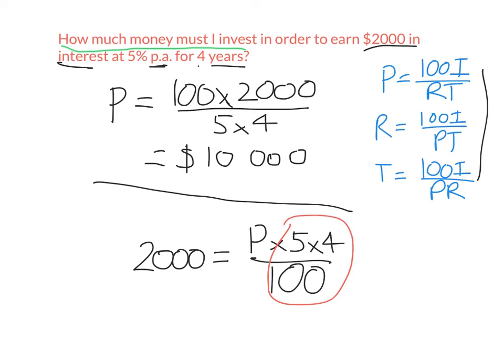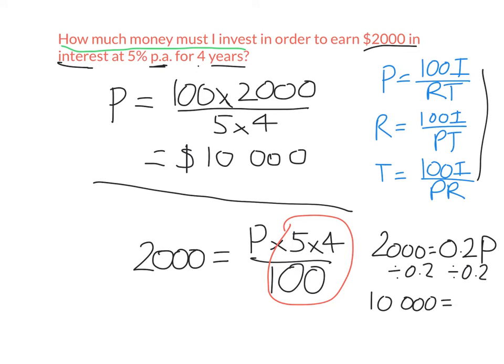I do the numbers separately from the letters. So 5 times 4 divided by 100 is 0.2. So I get 2,000 is equal to 0.2P. And then if I want to get P by itself, I divide each side by 0.2 and I get the same answer, 10,000 equals P.